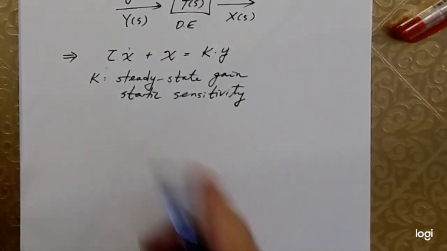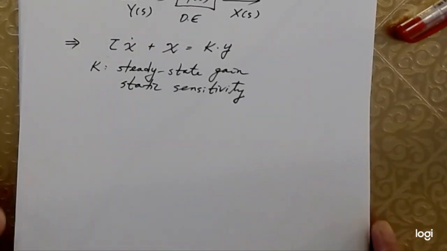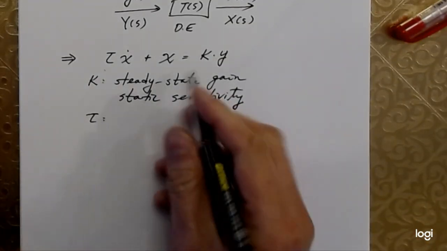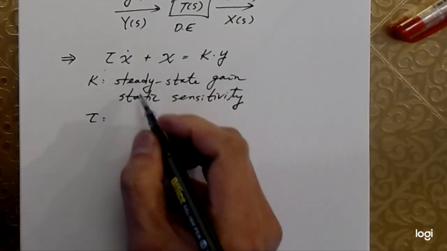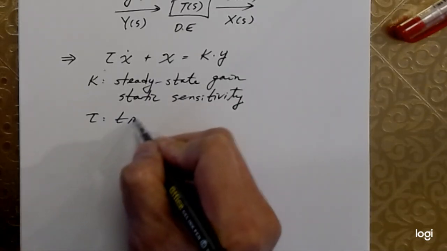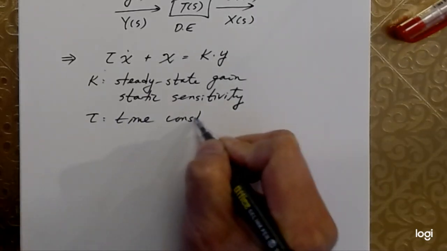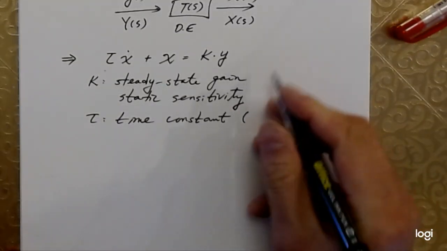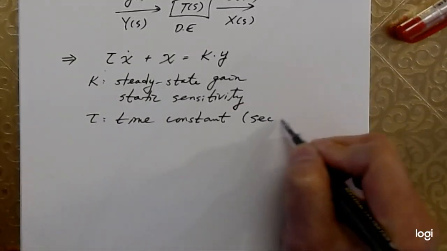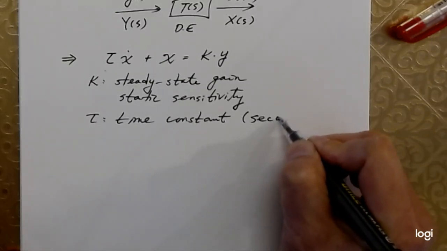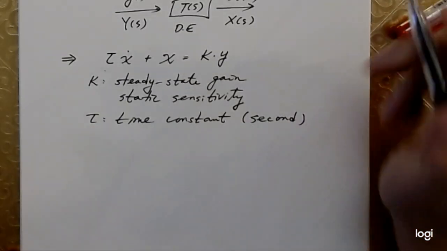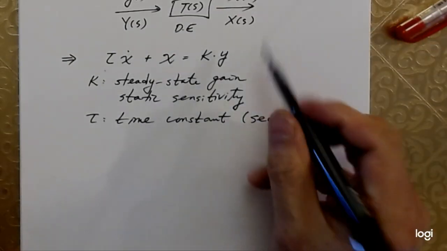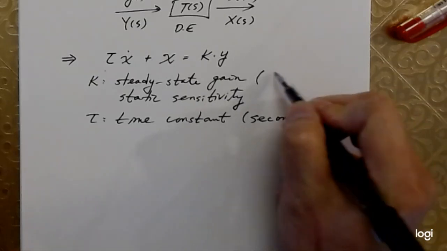Okay, tau is defined as the time constant, unit-wise always in seconds. The unit for K is output unit over input unit.